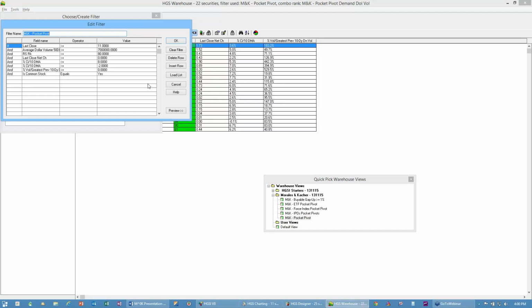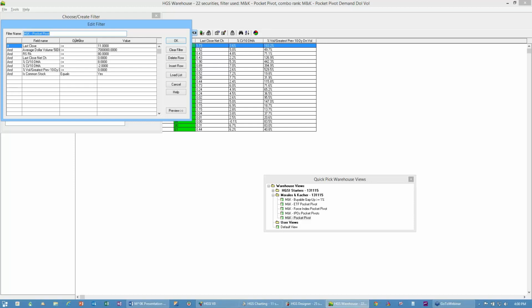Let's just look at this filter. The last close here has to be $11, and the average dollar volume, what is that, 7 million? RS rank of 80, last close net change greater than or equal to 0. It has to be within a 10% range of the percent close of the 10-day moving average, less than 8% above, and greater than 2% below.